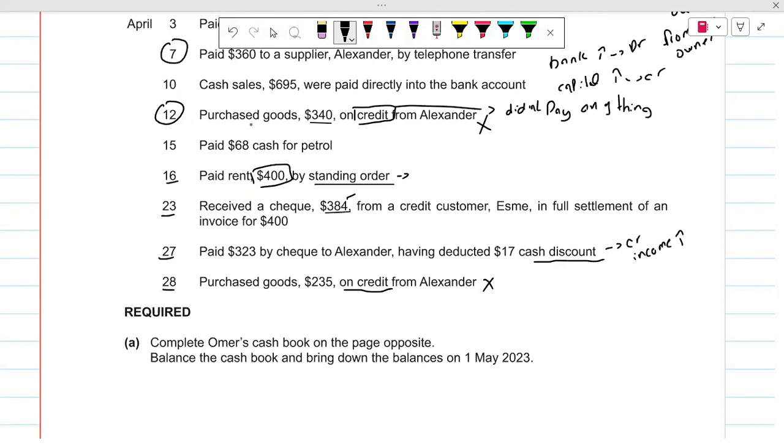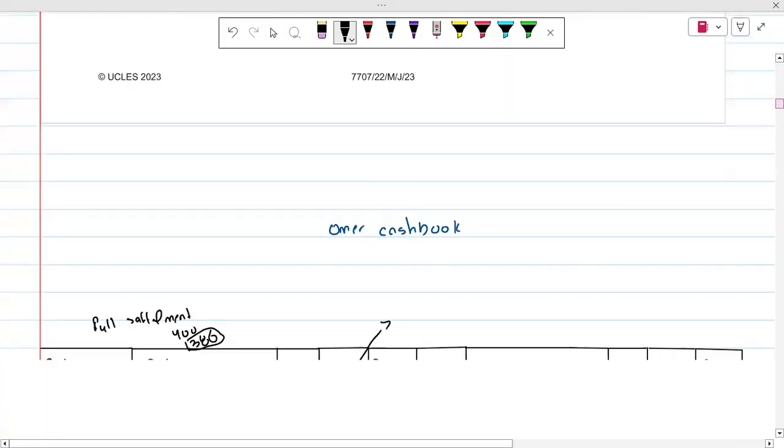So we purchased goods for $340 from Alexander, and on 20 April we purchased goods from Alexander on credit terms for $235. We will record these transactions on the credit side because our supplier is increasing.